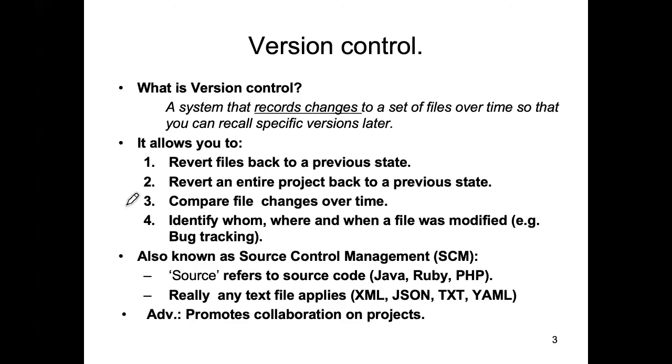And number 4, it allows us to identify who made changes to which particular files and when, and what changes did they make. So it's really kind of a log or a history of the changes that have happened to a set of files, i.e. a project over a period of time.